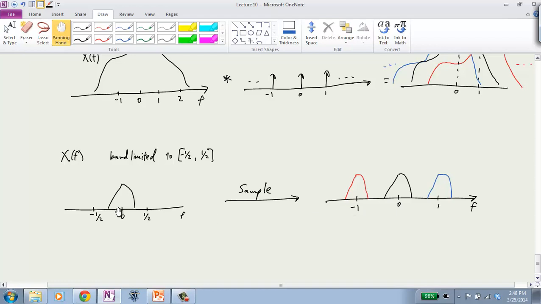So, of course, these are different, but it's a reversible process. If we could remove all of the extra parts, how might we remove all the extra parts?